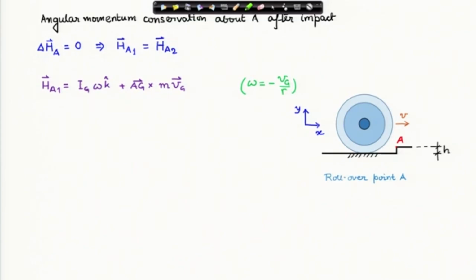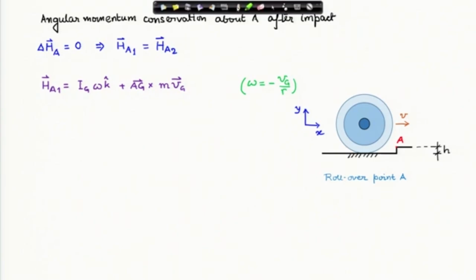We will calculate the angular momentum before the impact. The wheel was moving, its center of mass has this velocity and it also has this angular velocity, and remember that angular momentum is the contribution of the angular momentum because of the motion of center of mass and angular momentum because of the rotation about the center of mass.